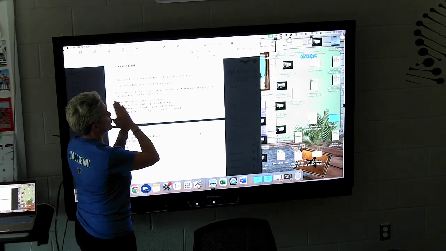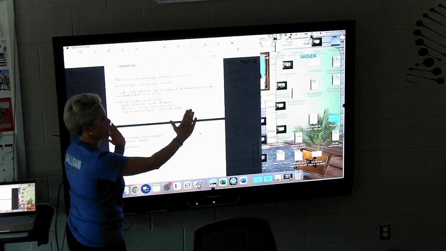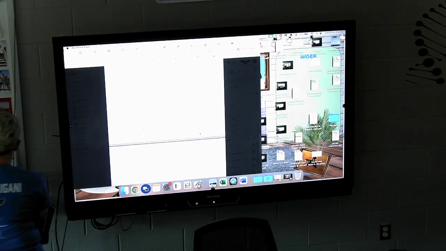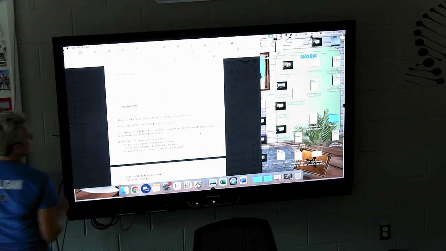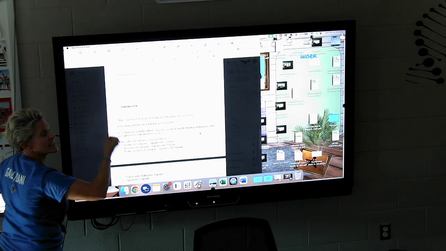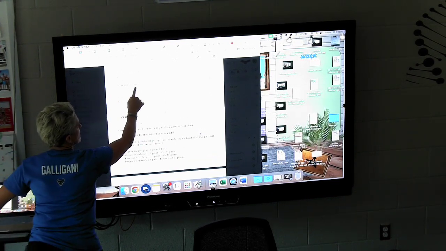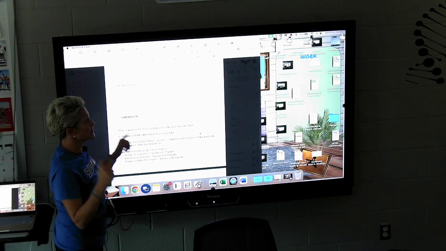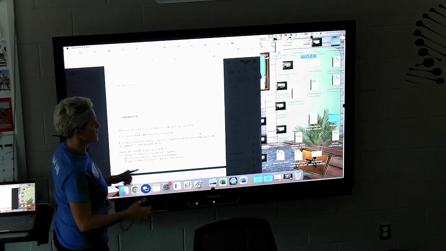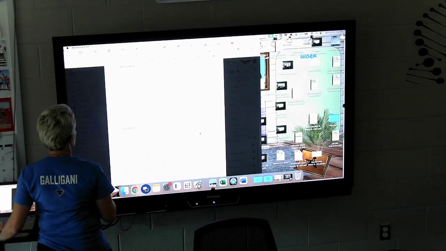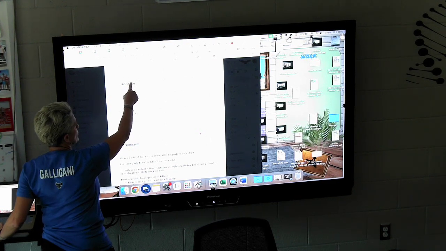Everything in bold will just be labeled on your model, okay? So, for example, notice the cerebellum is in bold. You are going to label that somewhere on your brain model. The medulla oblongata is in bold. You are going to label that somewhere on your brain model, okay? Brainstem is in bold. Label it.